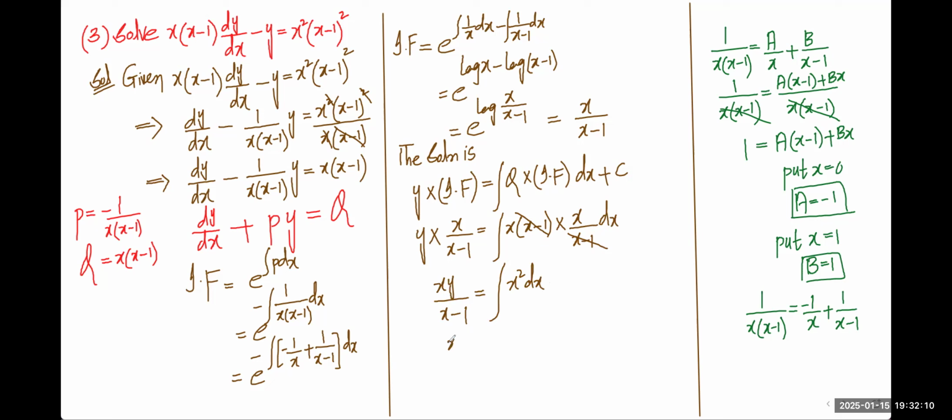So xy by x minus 1 is equal to x square integration, which is x cube by 3, plus c. This is the final answer of this problem.